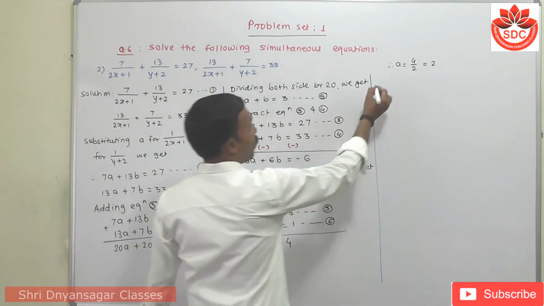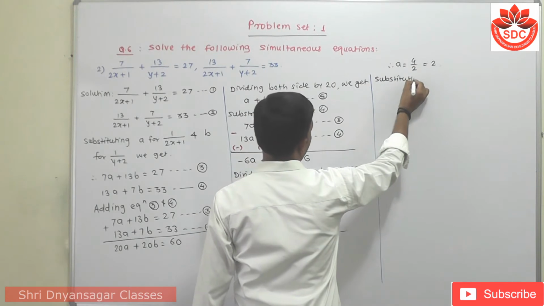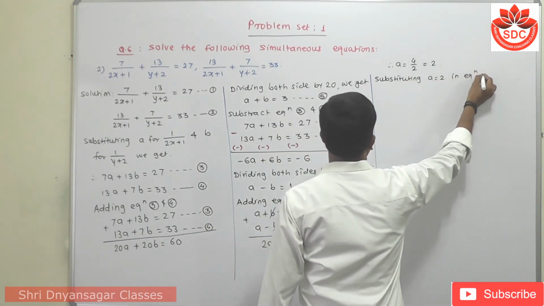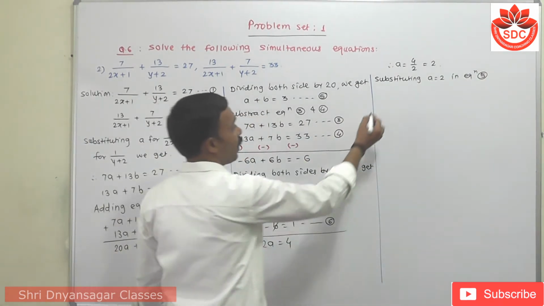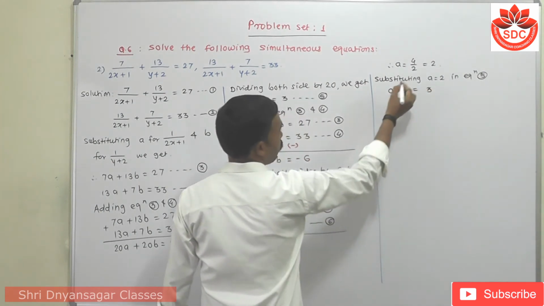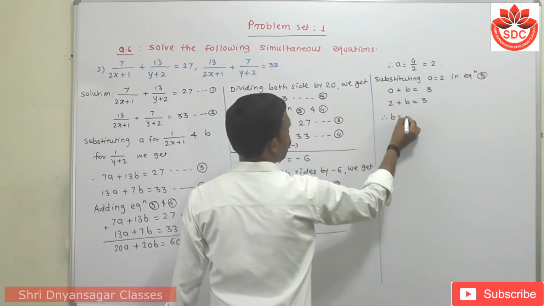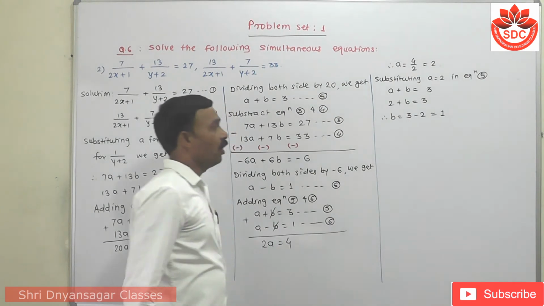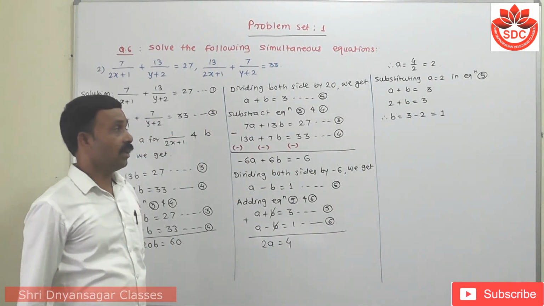So substituting a is equals to 2 in equation 5, which is a plus b is equals to 3. Then substitute here 2 plus b is equals to 3. Therefore b is equals to 3 minus 2 is equals to 1. The value of b is 1. Then a is 2 and b is 1.